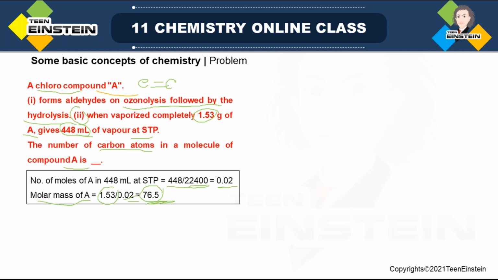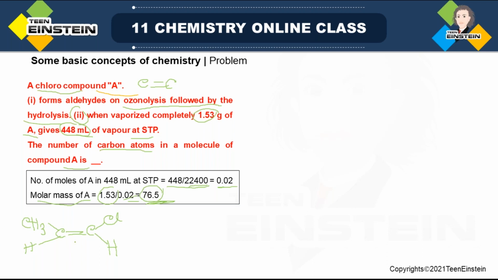The first information is saying that it is giving you aldehyde after ozonolysis and hydrolysis. That means one side of the CC double bond forms aldehyde. I'm just considering a simple alkyl group that is possible, which is basically CH3 and H. And on the other side, if I keep it minimum, one chlorine must be present, and as I'm following minimum molar mass as possible, I'm just placing a hydrogen.